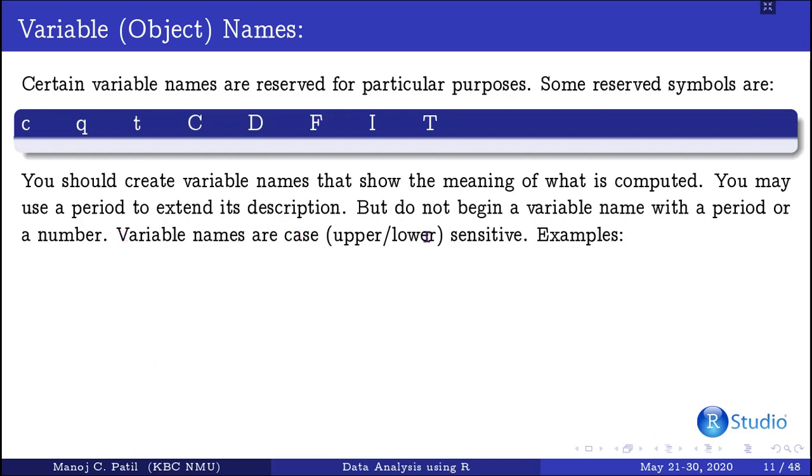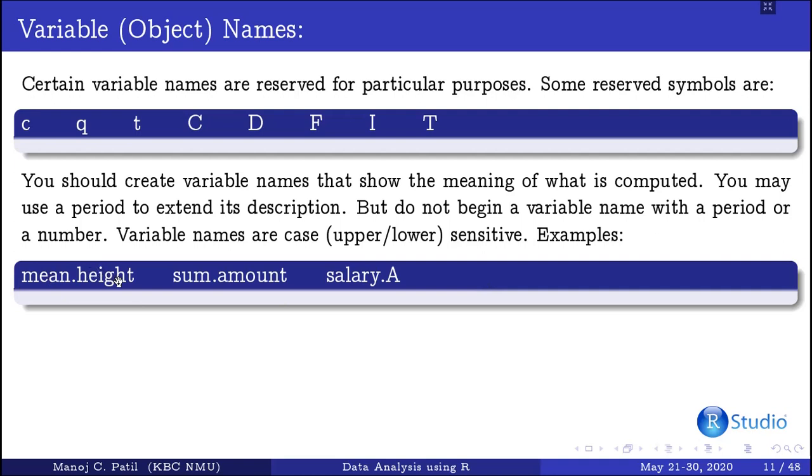Variable names are case sensitive. For example, mean.height, sum.amount, or amount.sum, whatever you prefer. Salary.a: as R is case sensitive, salary.a with small a and salary.A with capital A are two different variables.